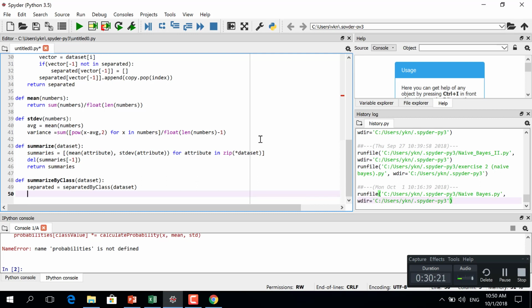All right. Maybe you will ask, what is the difference between this kind of bracket and this kind of parenthesis?